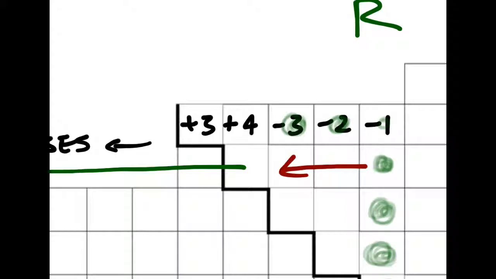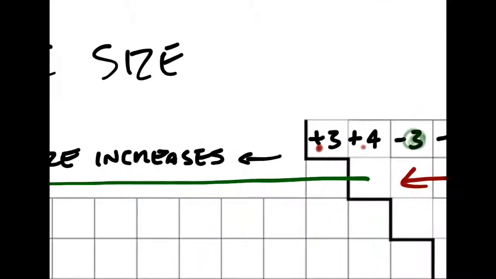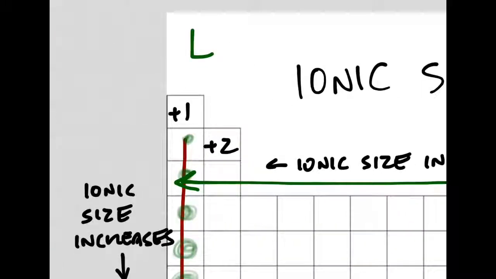So notice that it definitely got bigger from my 7A element to my 6A element to my 5A element. But suddenly when I jump into my 4A element, and I'm going to change the color here too, to red, I go wee itty bitty again. But then from that point, I get bigger. So, and I'm going to jump across, all right?